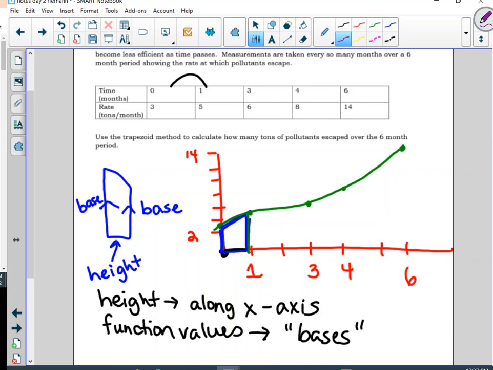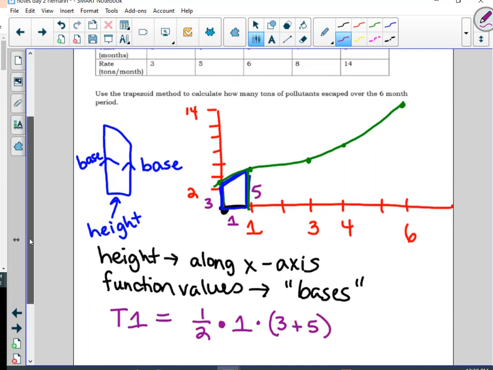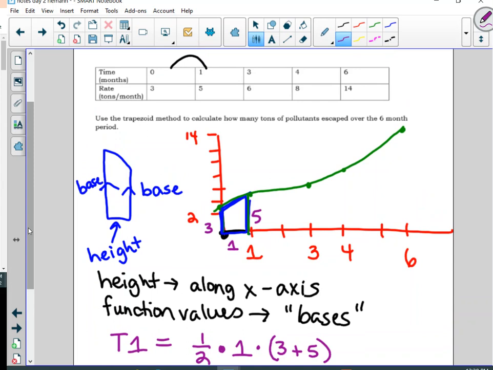And so my very first trapezoid, trapezoid 1: the area of a trapezoid is 1/2 times the height, which is along the x-axis, that's 1 unit, times the sum of the two bases, and in this case the bases are 3 and 5.